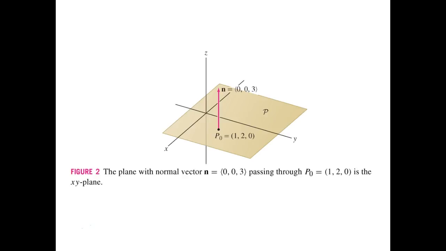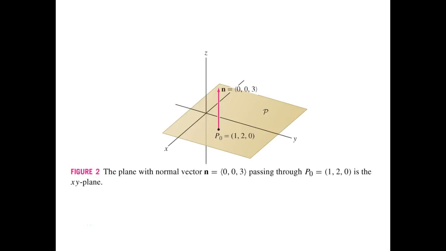The plane with normal vector n equals 0, 0, 3, passing through the point P0, 1, 2, 0, is the xy plane. All this is saying is, if this has component 1 on x, 2 on y, and 0 on z, that means you're in the xy plane, obviously.